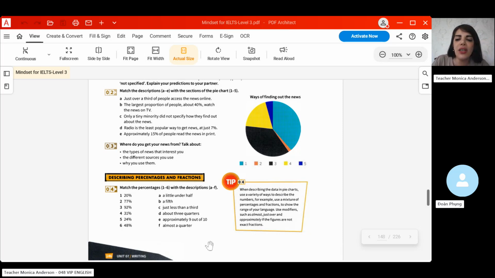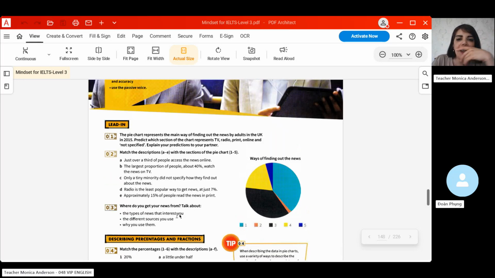And almost a quarter, not 20%. Almost a quarter is 24%. Yeah, 24. It's not 25, it's 24.